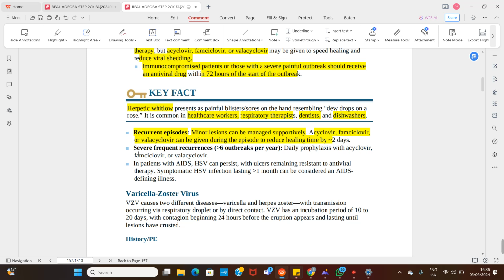So some people can have severe frequent recurrences. By the time you're having more than 6 presentations in a year, you need to place that person on daily prophylaxis with valacyclovir. More than 6 outbreaks in a year is severely frequent.